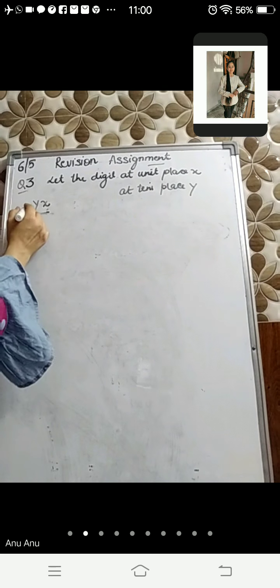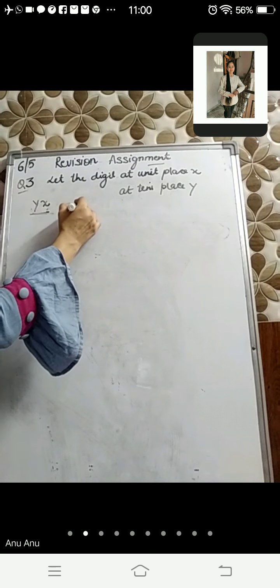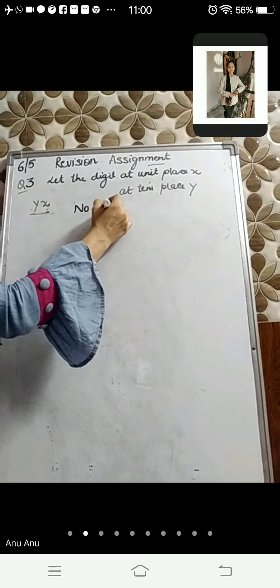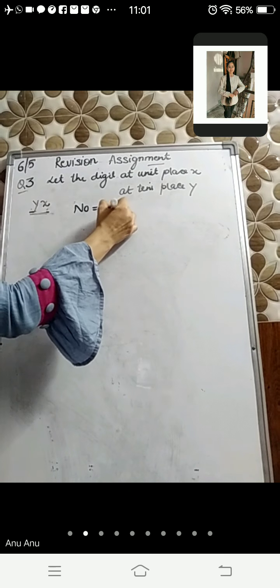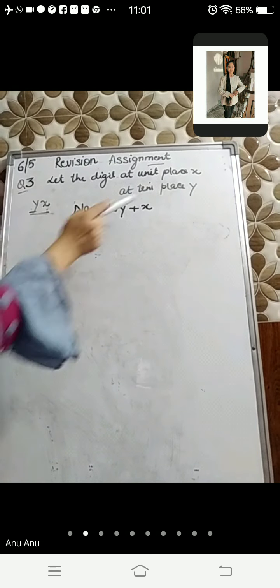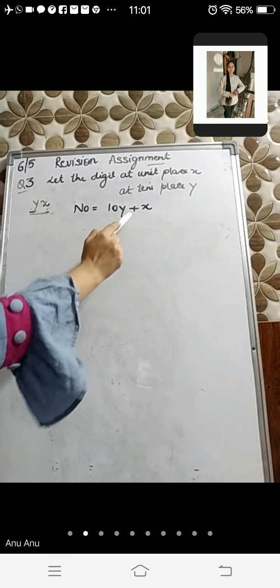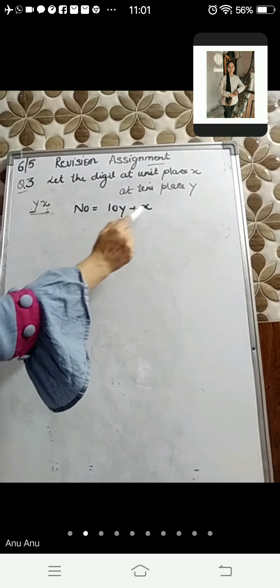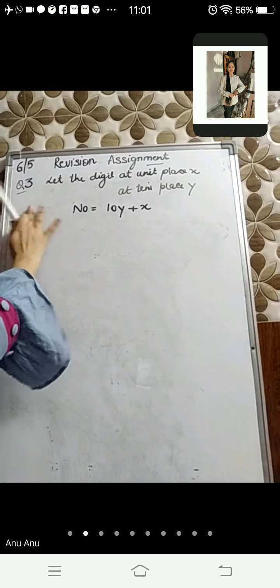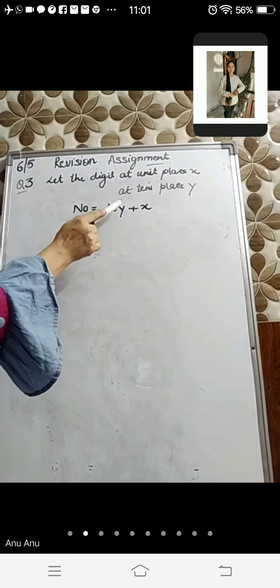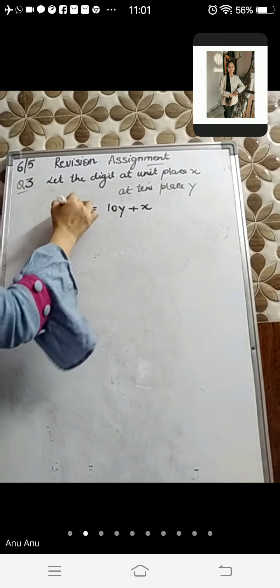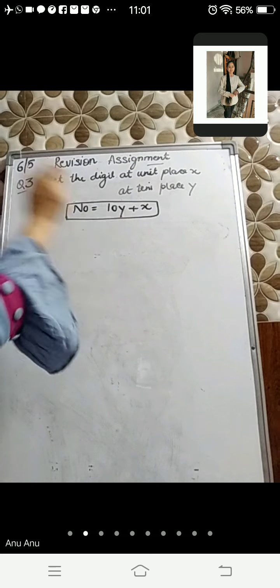Since y is at the tens place, it is 10 into y plus x. This is the general form of the number. y is at the tens place, so y will be multiplied with 10, and x is at the unit place, so it will be 10y plus x. So this is your number. Always in the case of a number, the first step is to find the number. This will give you the answer. At the end, when you find the answer, you will put y and x in this number.